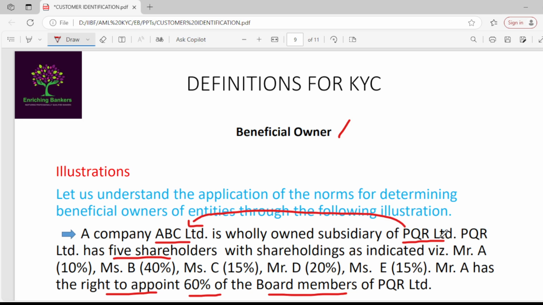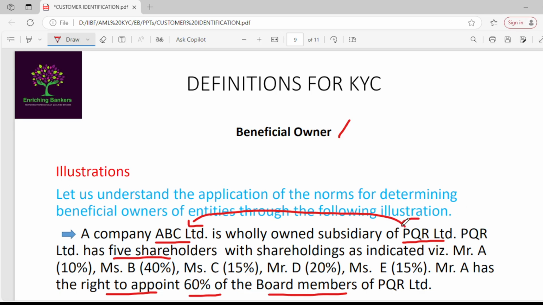So it can generally, according to the norm, be treated as beneficial owner, but it does not qualify one condition: the beneficial owner must be a natural person.